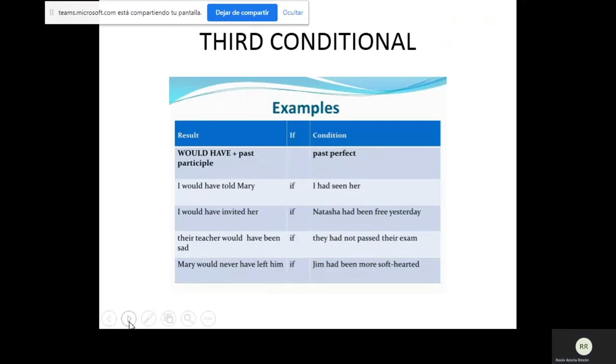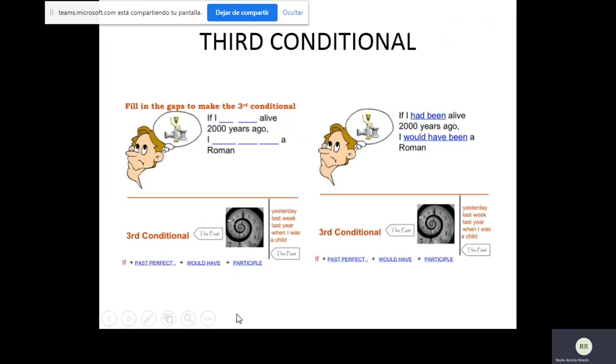Okay, good. Now, here we have an example in which, as we are imagining here on the left, we have this exercise of filling the gaps. And this guy is imagining, probably it says 2,000 years ago, Roman, so in older times or ancient times.